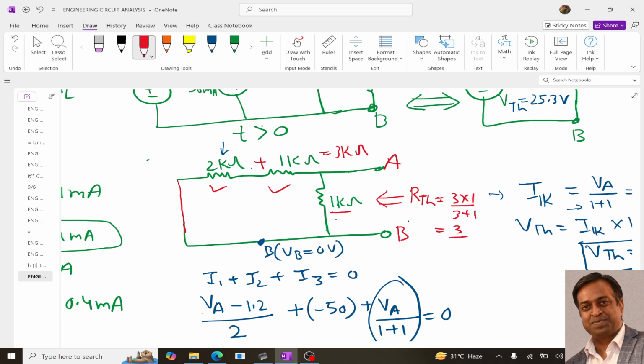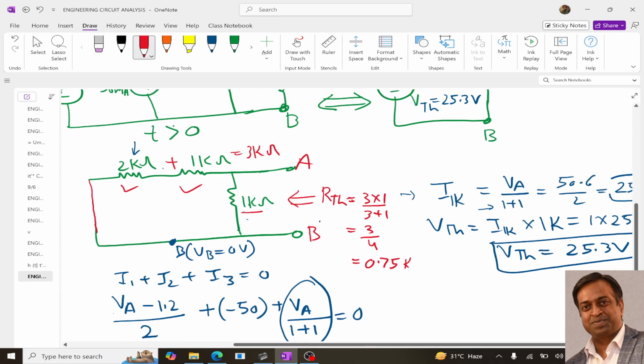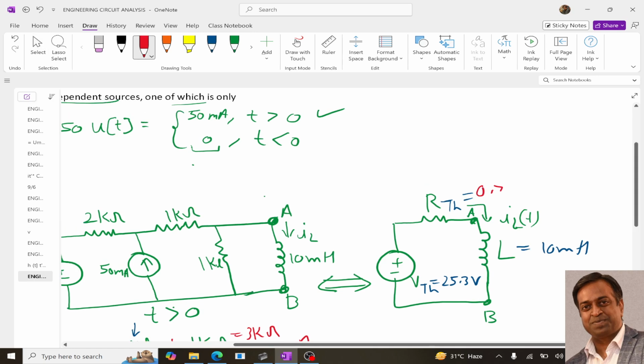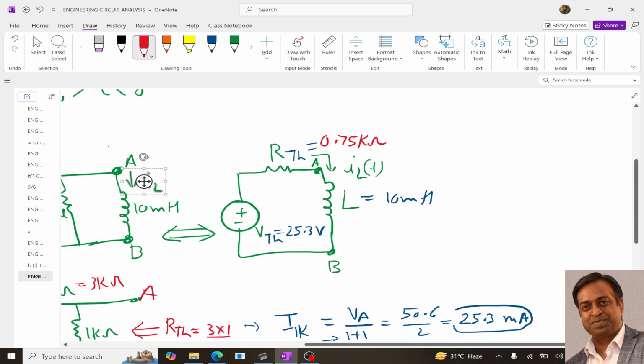So it is 3 upon 4, so it is 0.75 kilo ohm. So our Thevenin resistance is 0.75 kilo ohm. So over here our circuit now just has one voltage source, one resistance and one inductor.